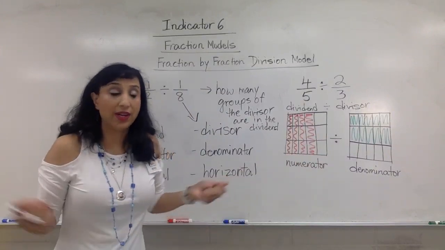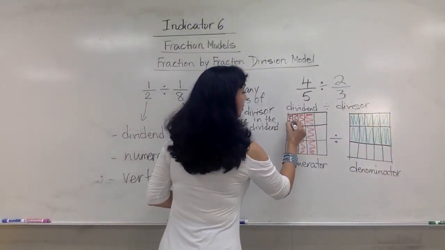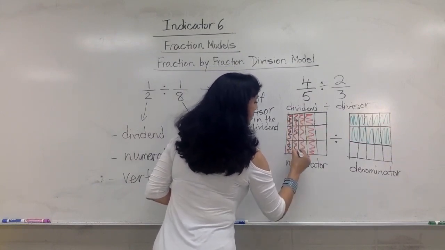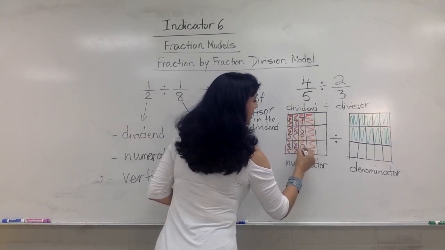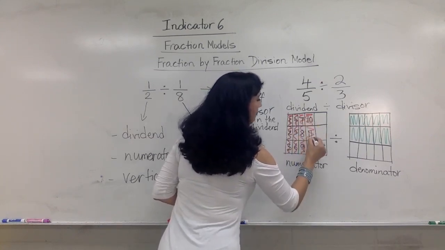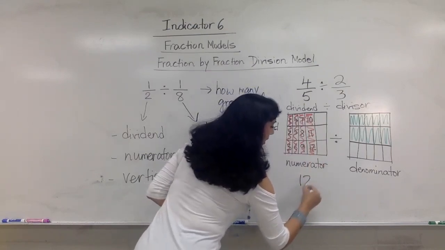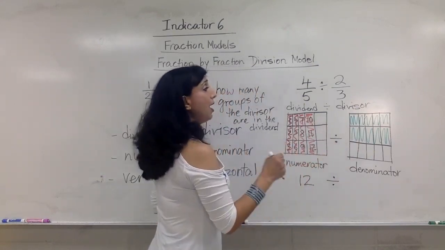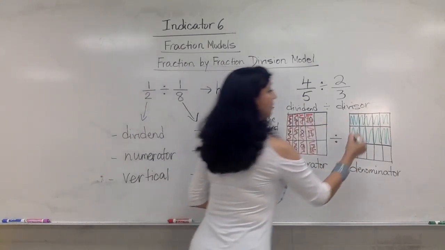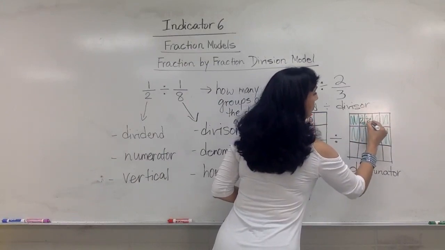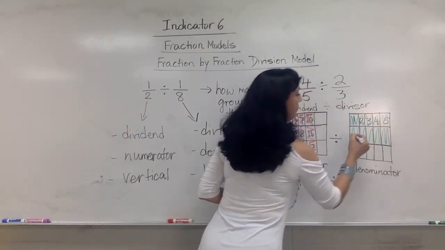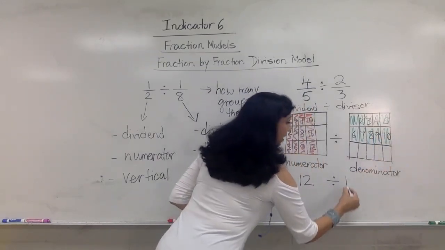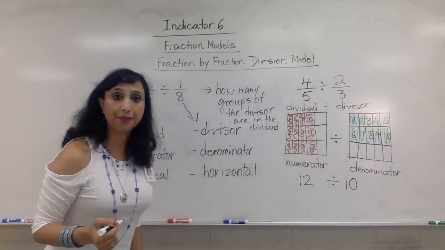That becomes my numerator. Okay? So 1, 2, 3, 4, 5, 6, 7, 8, 9, 10, 11, 12. So 12 divided by, let's count how many green squares I have. 1, 2, 3, 4, 5, 6, 7, 8, 9, 10, divided by 10.